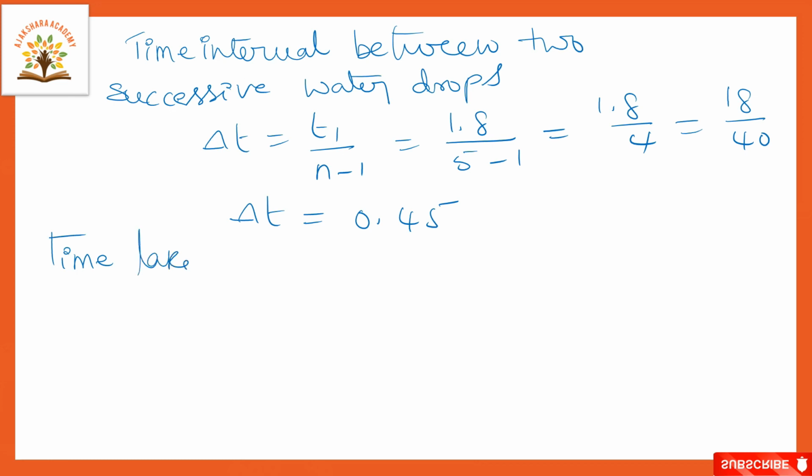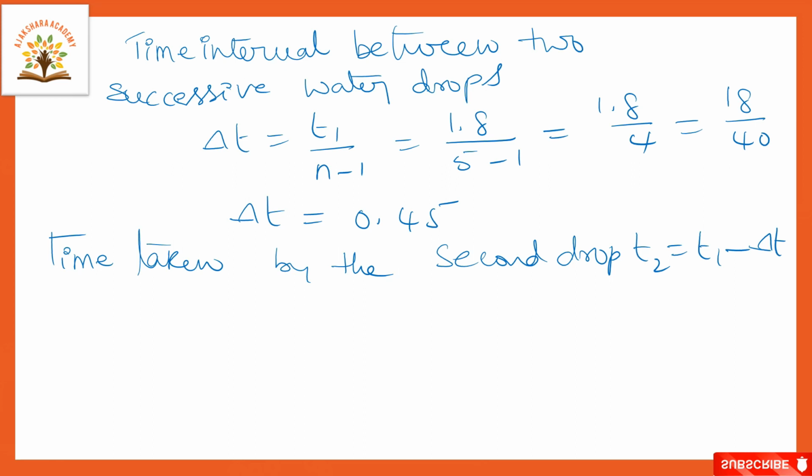Time taken by the second drop, T2 = T1 − ΔT. So T2 = 1.8 − 0.45, that is equal to 1.35. So T2 we are getting 1.35.